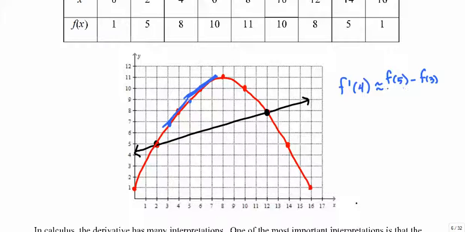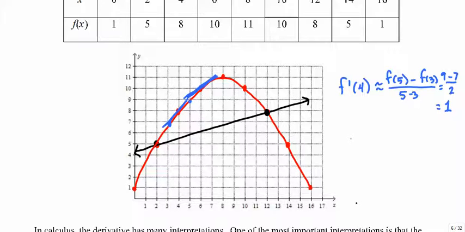That's 2 points on either side. 5 minus 3, and so we get 2 on the bottom. The value at 5 is 9 and the value at 3 is 7. And so that gives us a slope of 1. So I don't know exactly what the slope at 4 is, but it's around 1.